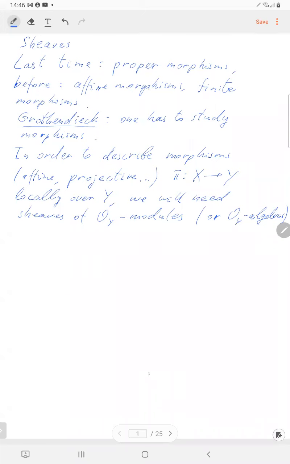So this is what we will actually study, but maybe let's begin with the simplest example of a sheaf, which is not an OY module and is not coherent or quasi-coherent, namely the constant sheaf.